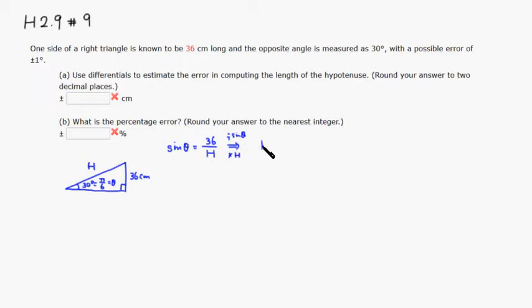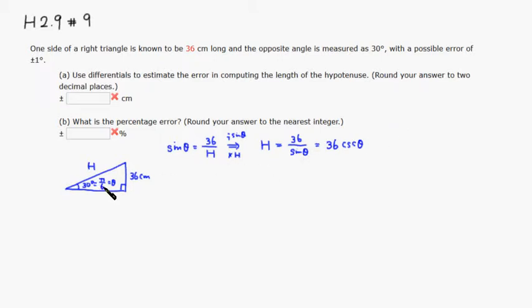We get the hypotenuse is equal to 36 divided by sine theta, or the reciprocal of sine, we can write it as 36 cosecant of theta. So let's find h first.